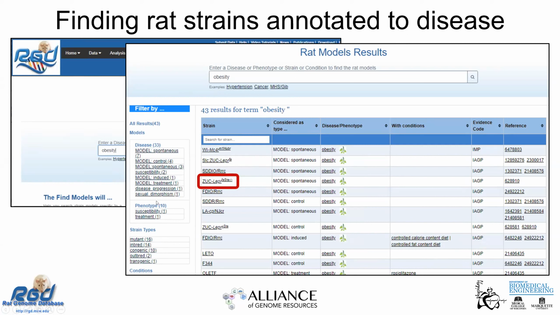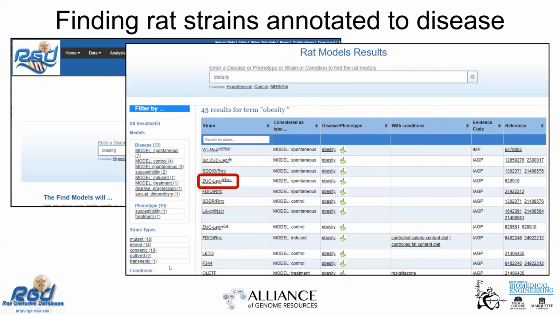You can filter by that qualifier. So if you only want to see the spontaneous models, then you can choose that. Or if you only want to see inbred strains, you can select a strain type. And we also have started, this is a fairly recent thing for us, including conditions in our qualitative annotations.